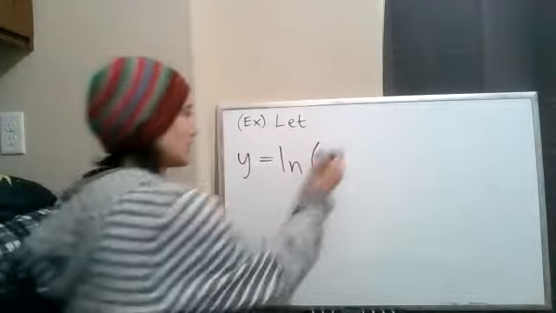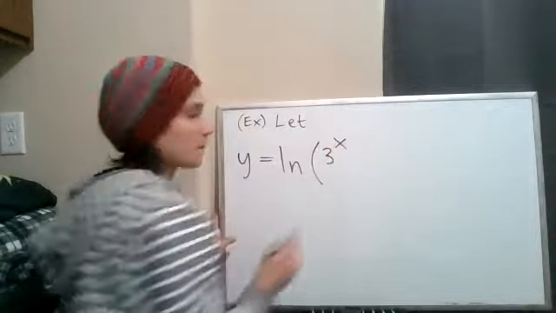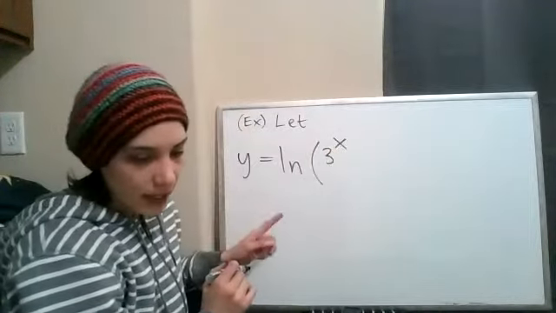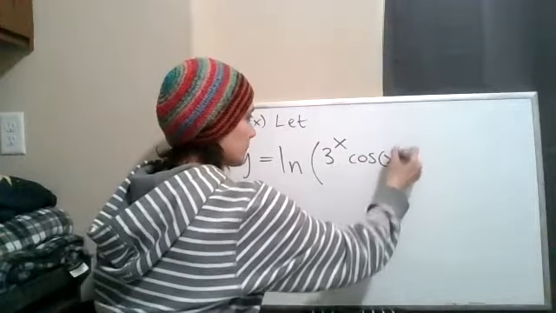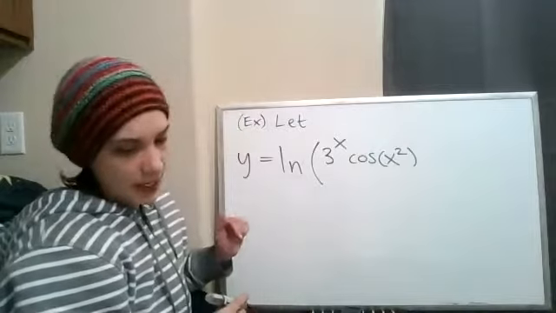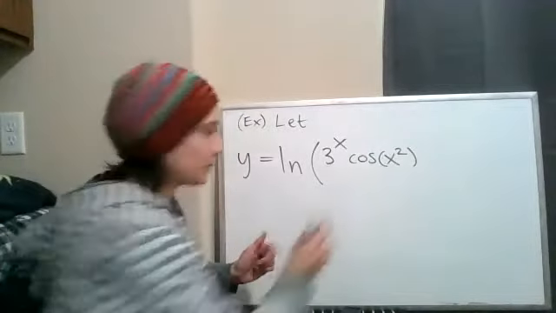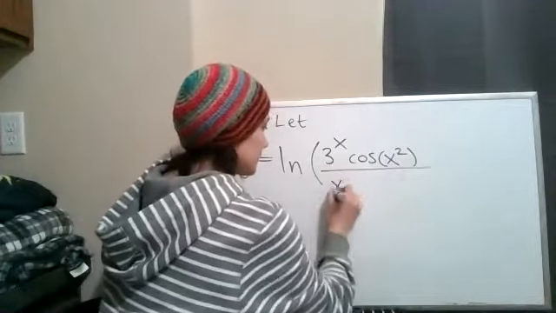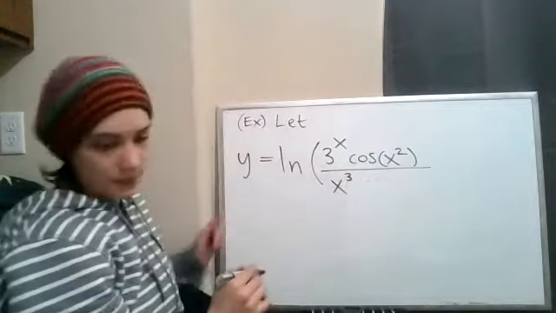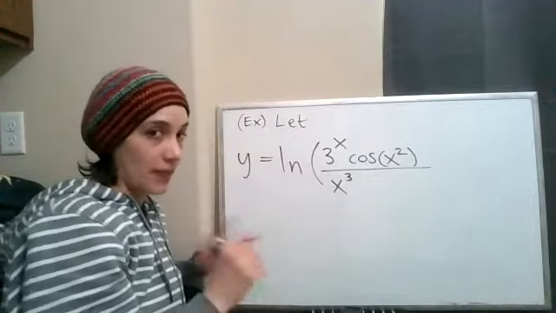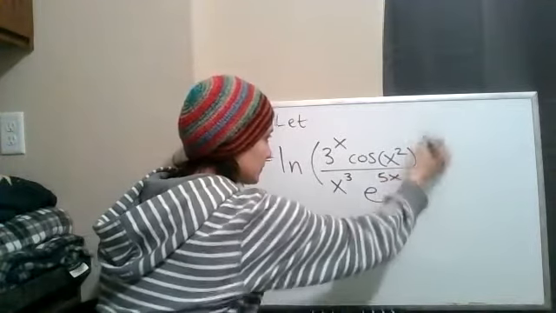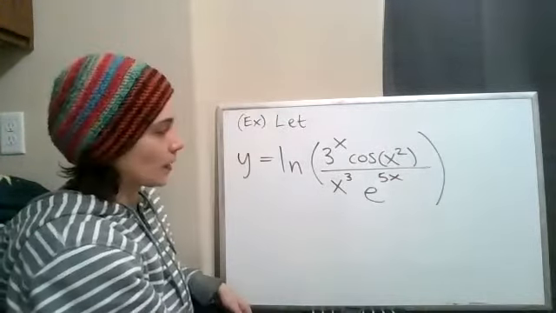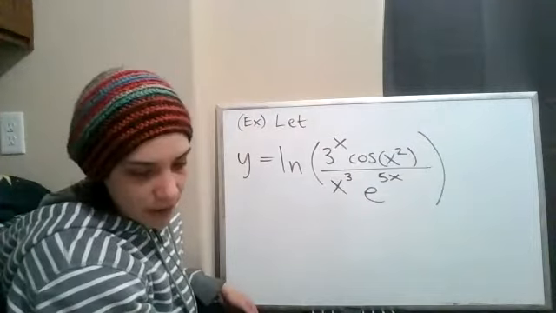Three to the x, multiplied by cosine of x squared, over x cubed, times e to the 5x, and then I also put a power 5.